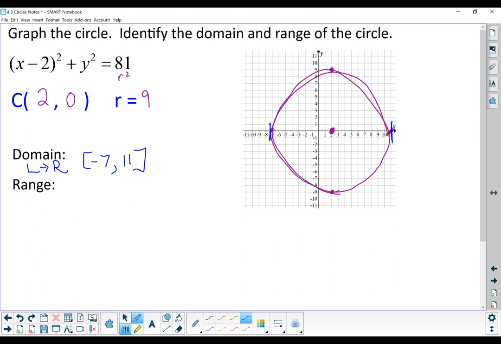I'm using brackets on both sides because those points at −7 and 11 are included on the circle. For the range, you want to think about it from the bottom to the top. So the lowest value on this circle is −9, and it goes up to a high value of 9. So there is our circle and its domain and range.